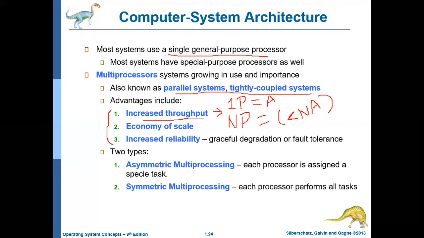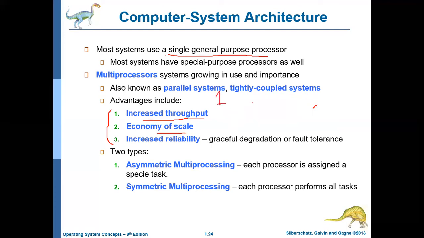The second is economy of scale. What does economy of scale mean? Say currently I have only one computer, but I'm not happy with it, because I have only one PC and I'm getting a lot of work. So this one PC is not sufficient to complete all my work.